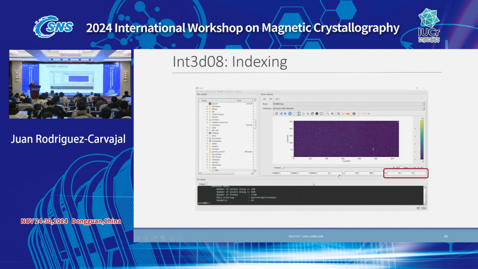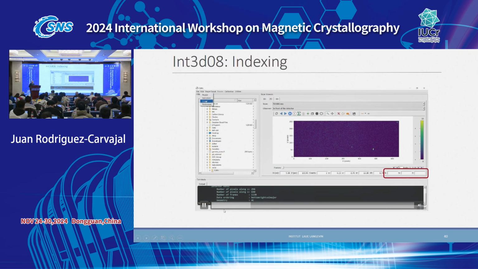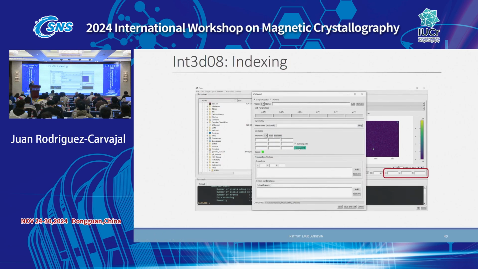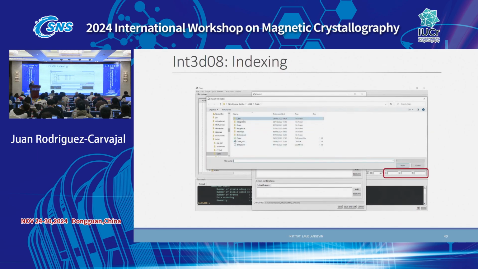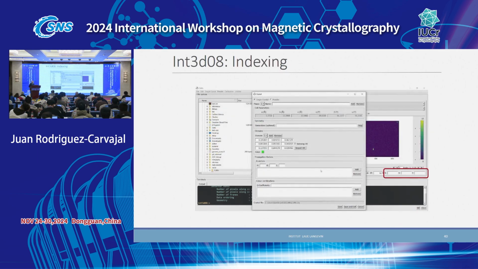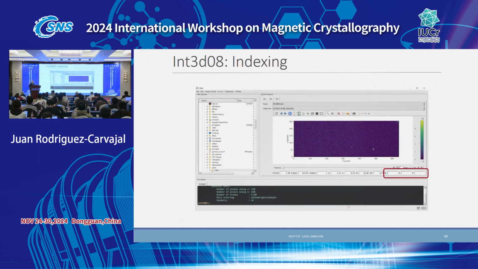Yeah, it's just for showing you that, for instance, you load this, which is something for automatic indexing. When it's running, you will see the appearance of reflections.